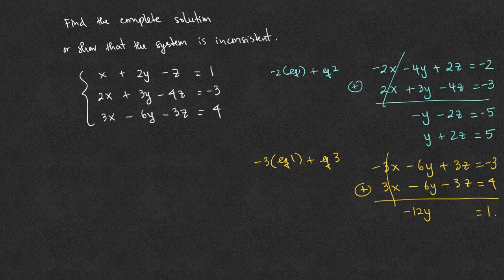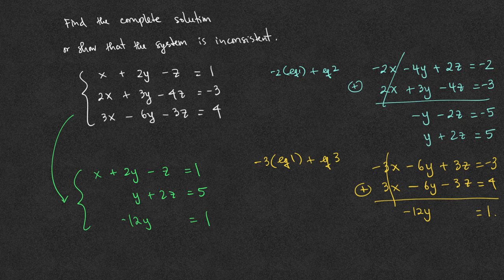We obtain an equivalent system of equations where we keep the first equation, x plus 2y minus z equals 1. The second equation is now y plus 2z equals 5. And the third equation is negative 12y equals 1.